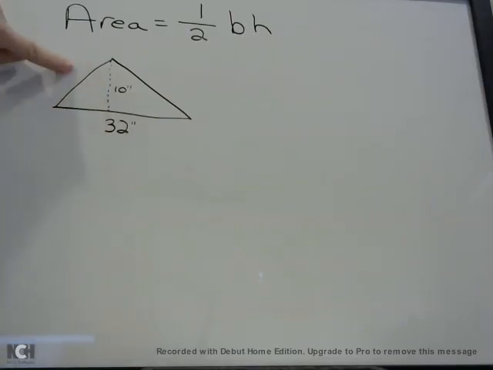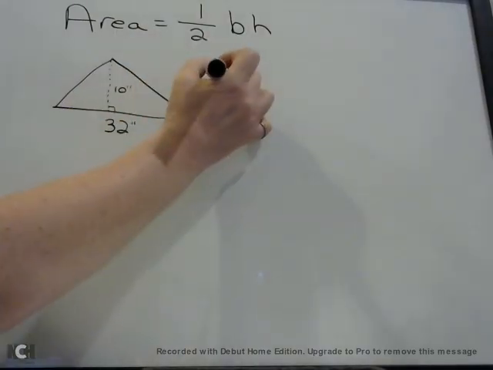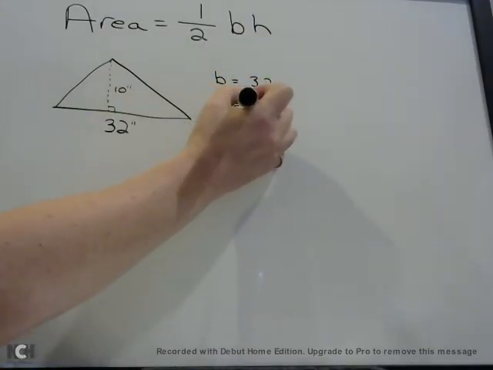But the height is not one of these legs, because remember, the height has to be perpendicular to the base. So it has to be a 90-degree angle. And so what they'll do is, if they're drawing you a picture, they'll put it as a dotted line, and usually draw the square there, and that means that that is a line that is perpendicular to this line. So here, the base, B, is 32, and the height is 10.